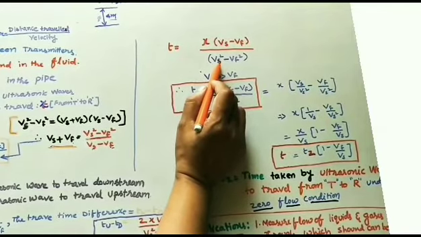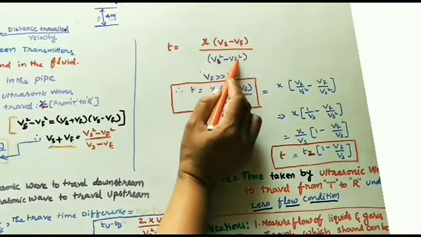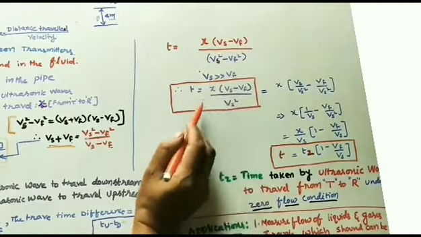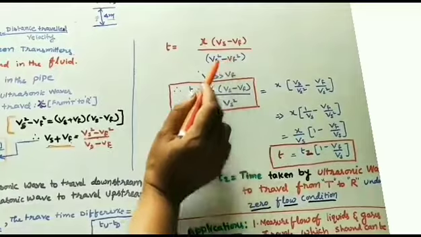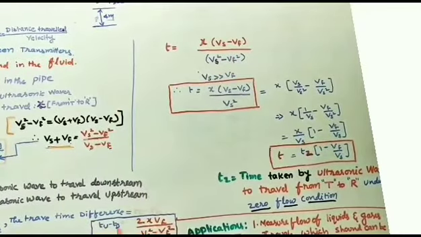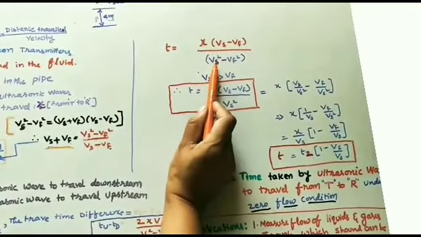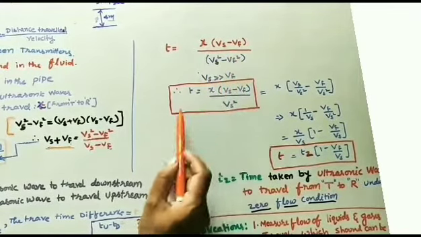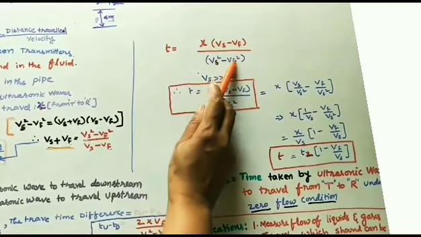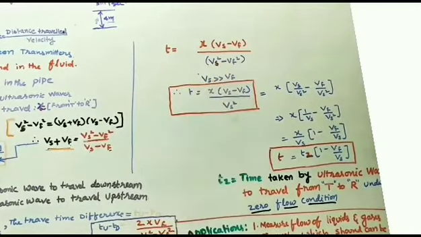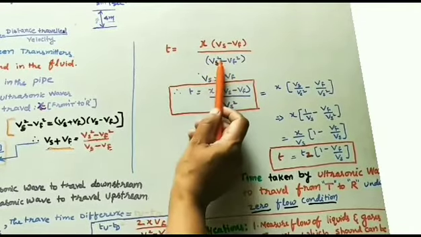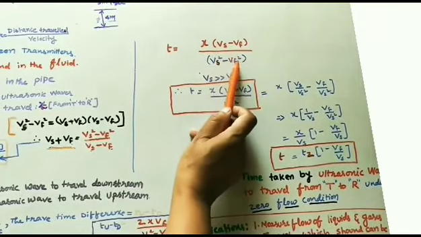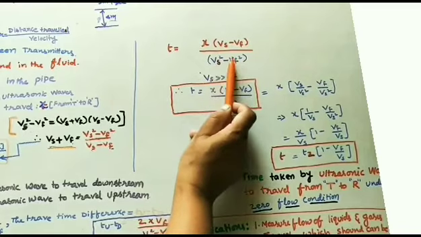This sound or wave velocity is more than the flow velocity, so we can neglect the flow velocity if it is very small compared to the sound velocity. That's why we write it in terms of squares. The square value comes out larger, and after squaring, the flow velocity term becomes very small compared to the other, so we can remove this value.